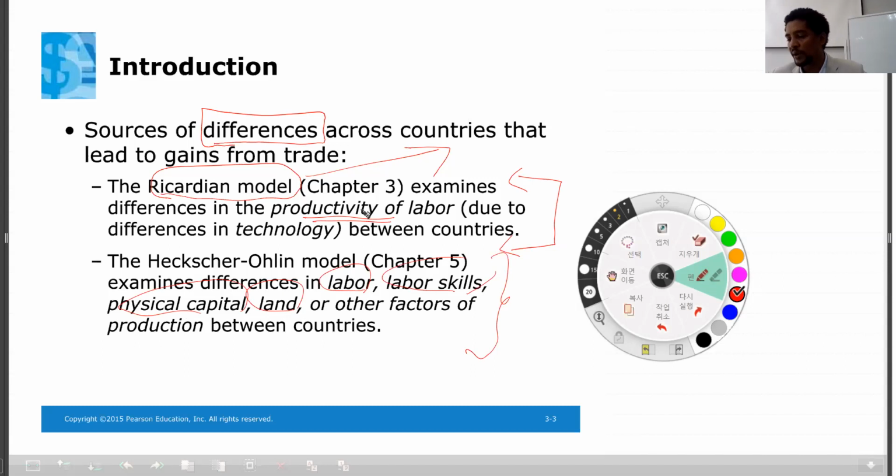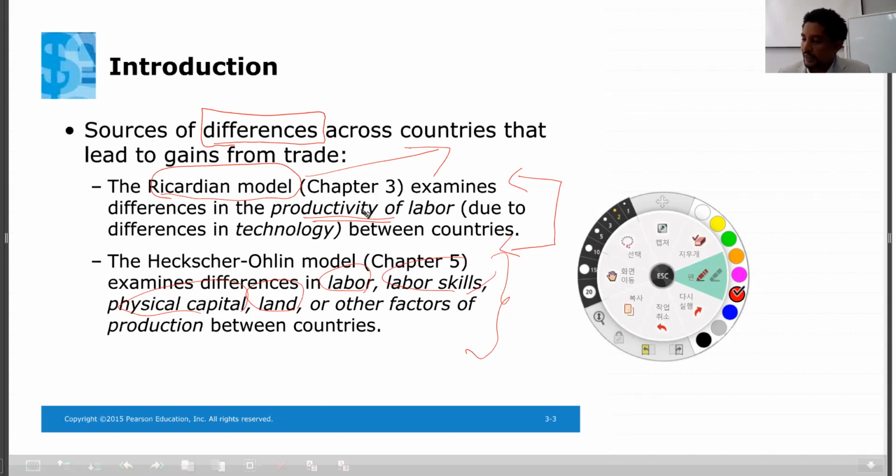So when we see examples, you have to think of labor as the major determinant of international trade. Maybe in the later chapters we will talk about other factors like land or capital.